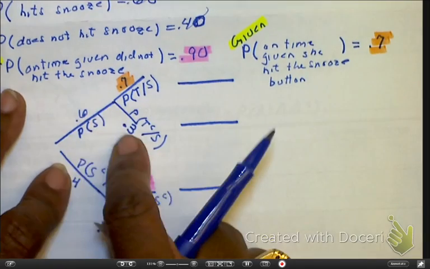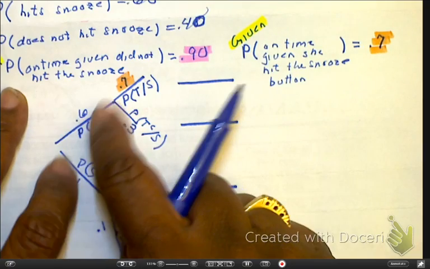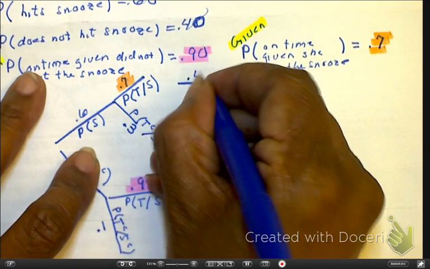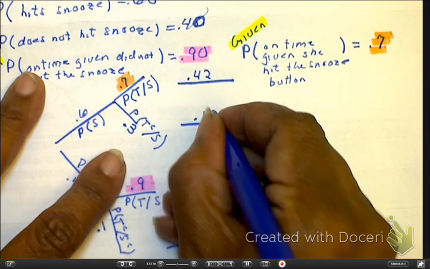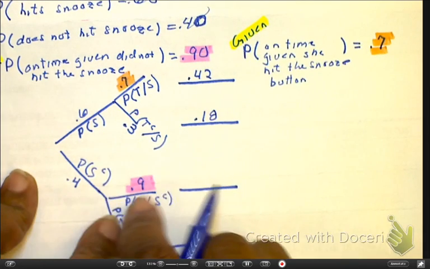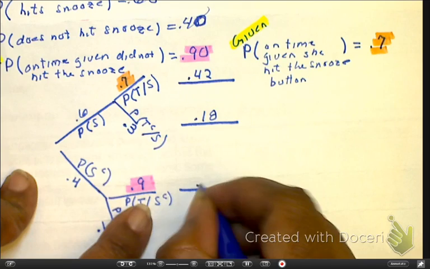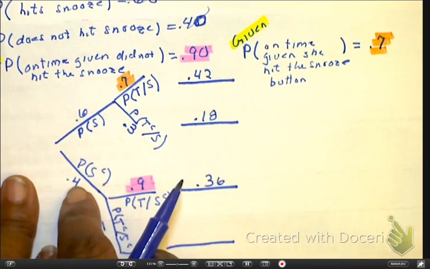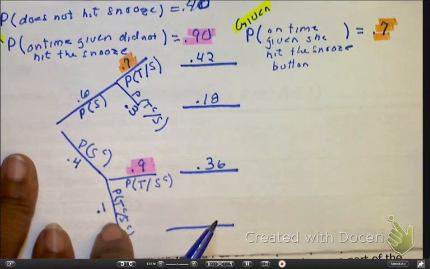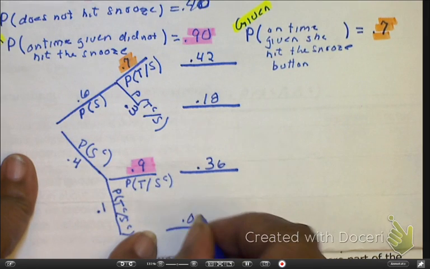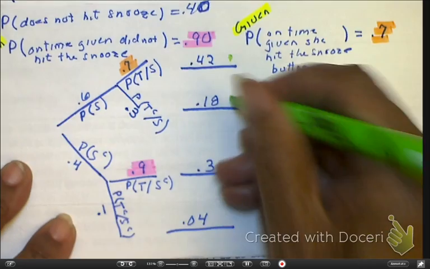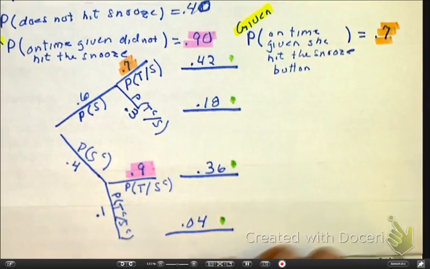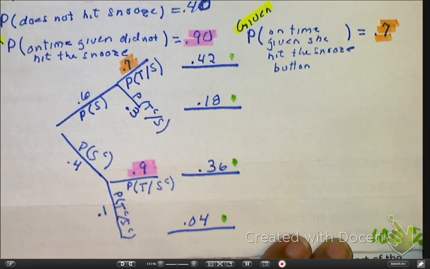As we can see, we're just going to be multiplying. 0.6 times 0.7 is 0.42. 0.6 times 0.3 is 0.18. 0.4 times 0.9 is 0.36. 0.4 times 0.1 is 0.04. Please notice that all of these add up to be 100%.